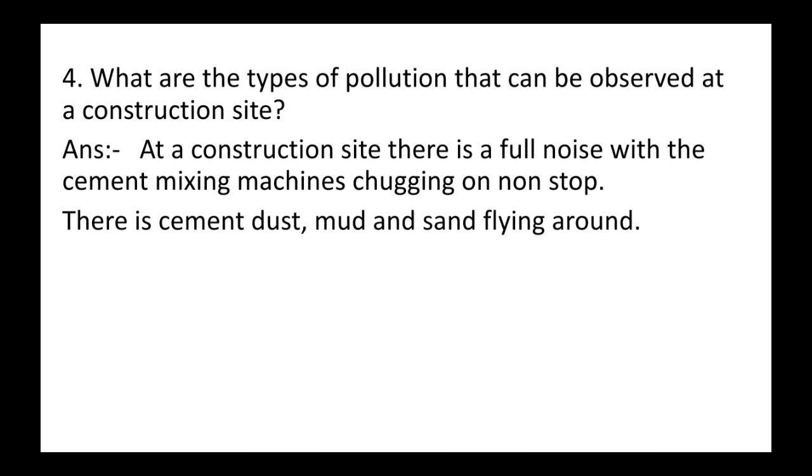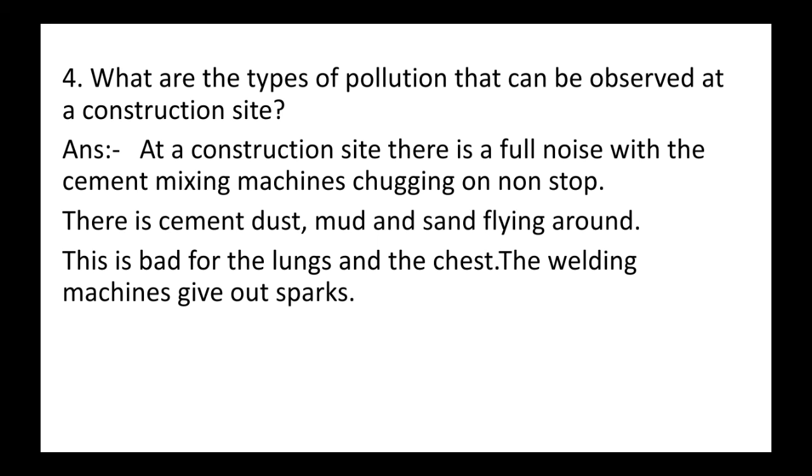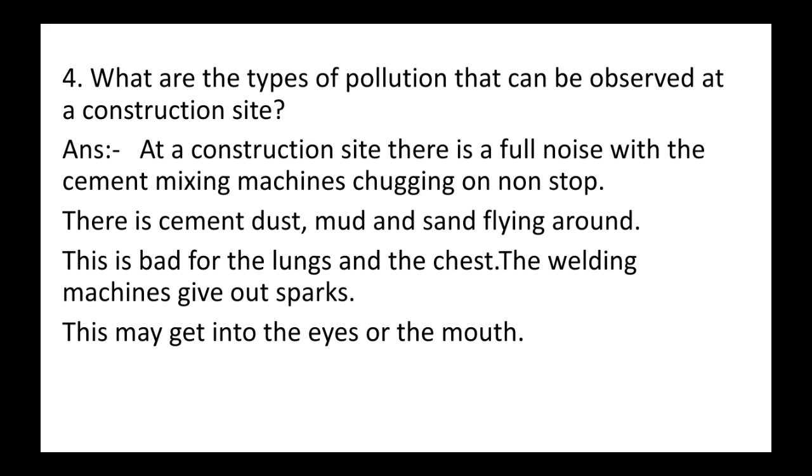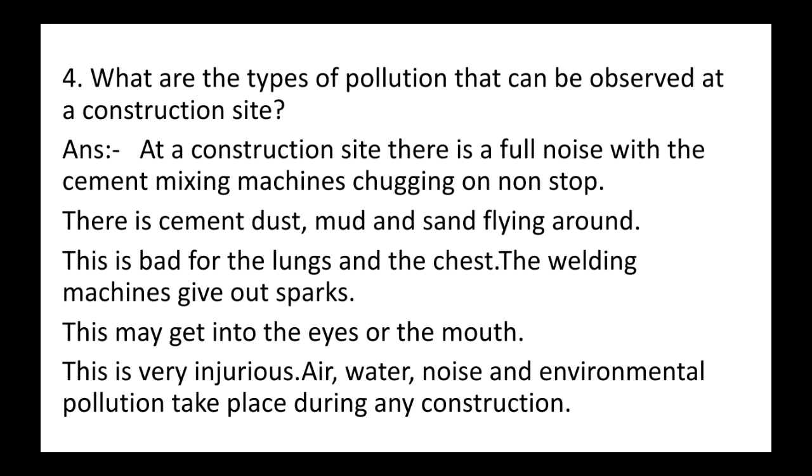Second point, there is cement, dust, mud and sand flying around. Third point, this is bad for lungs and the chest. The welding machines give out sparks. Fourth one, this may get into our eyes or mouth. Fifth one, this is very injurious. Air, water, noise and environmental pollution take place during any construction.